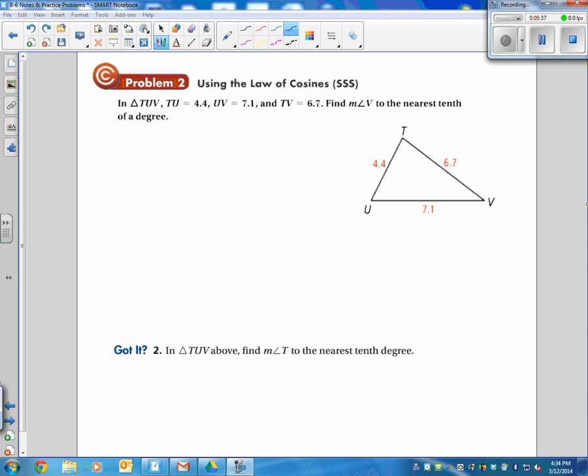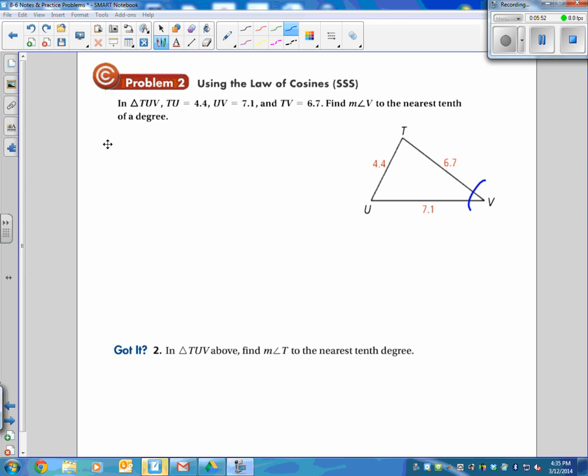Okay, so the next example, we are actually going to be looking for angle V. And of course, we have the side that is opposite of angle V. So we're going to go ahead and fill everything in just the same, only we're going to actually have an answer.